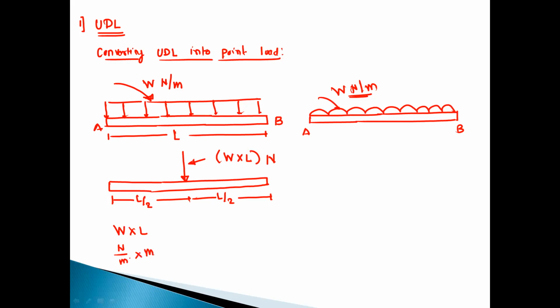So finally you will get the unit as Newton, and this Newton means this is the point load. So always remember, for the UDL, just multiply the intensity by its span. This is nothing but the point load because of UDL, and this point load acts exactly at the center of the total span.